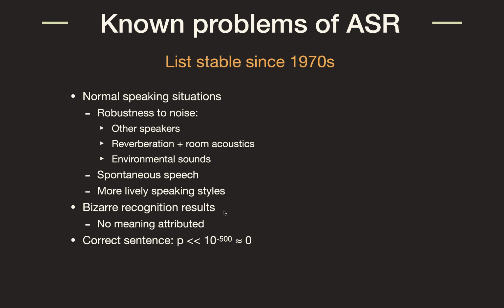And another thing that should be a red flag is that the probability of a correct sentence is extremely low, in the order of 10 to the power of minus 500, well, even much worse. So basically the probability is zero. But the probability of a sentence that is incorrect is even worse, and of course, it's even closer to zero.